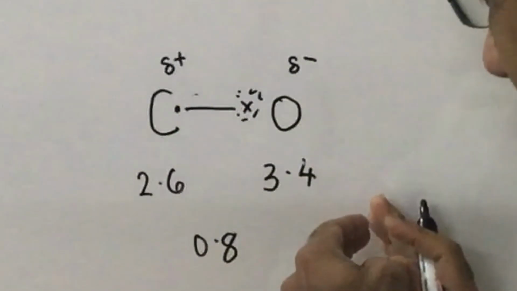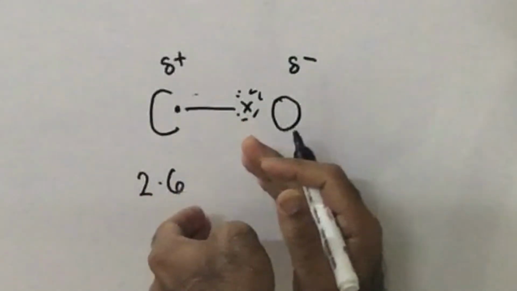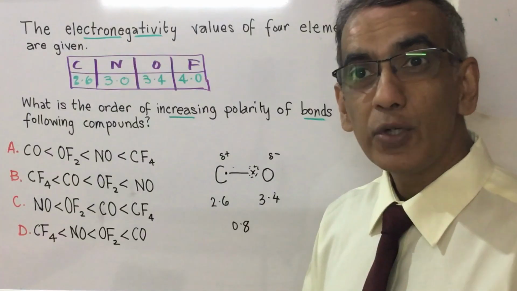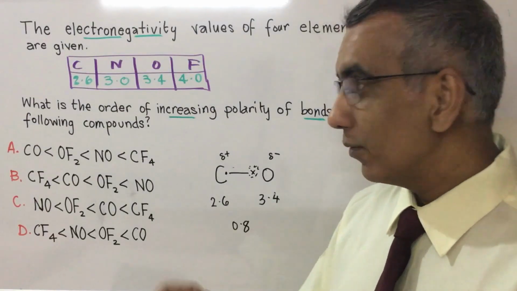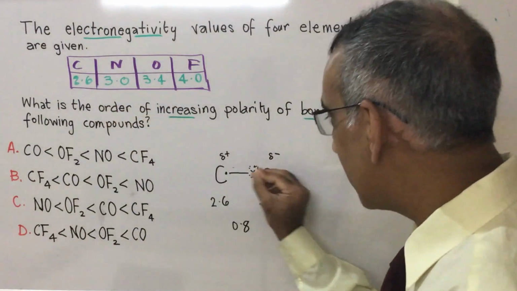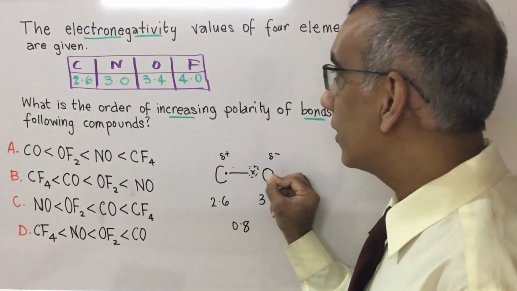So this difference in electronegativity is what gives rise to polarity. And you should remember that electronegativity refers to this relative attraction for the electrons in a shared covalent bond.